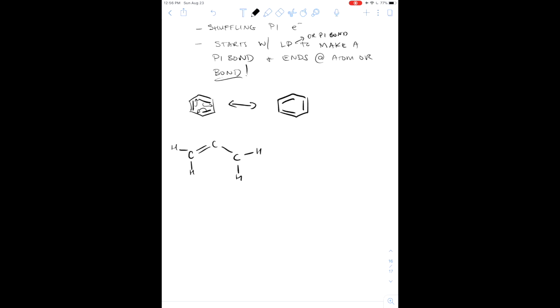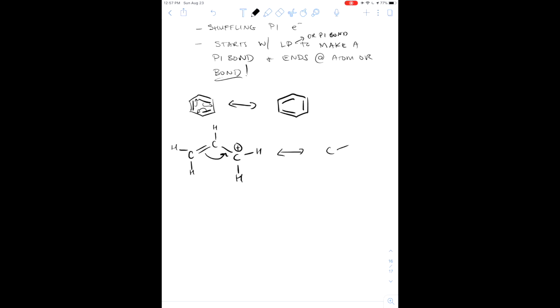We've got a carbon-carbon double bond, and then a carbon-carbon single bond, but we've got a positive charge on that last carbon. Now what we're looking at is shuffling the pi bond to form another bond again.